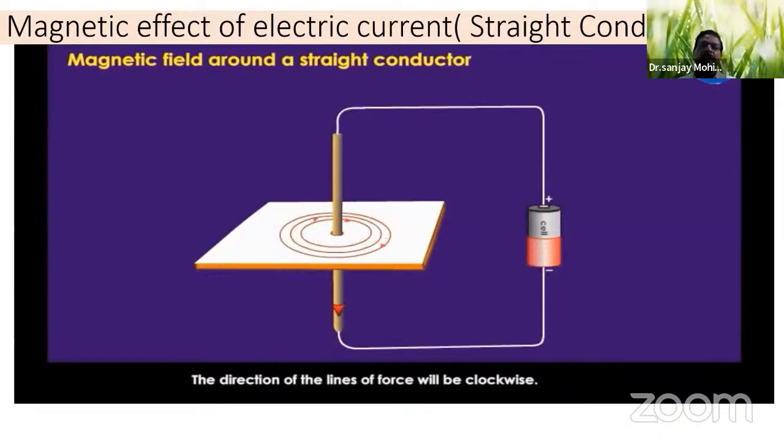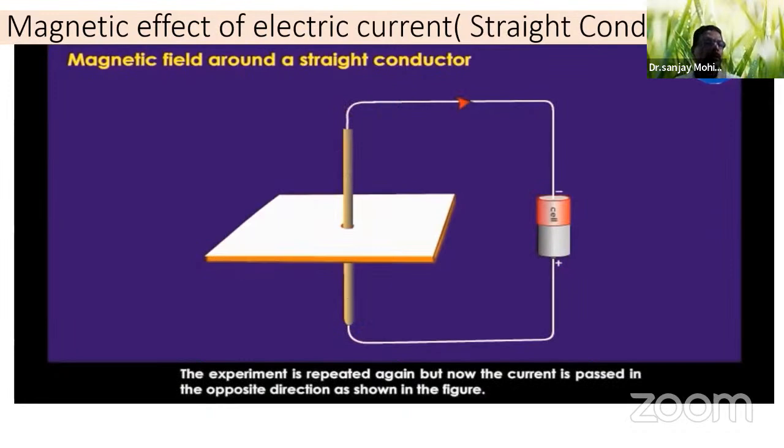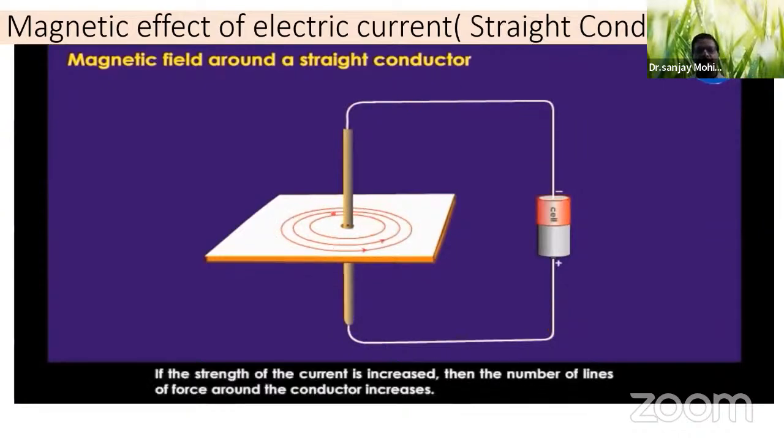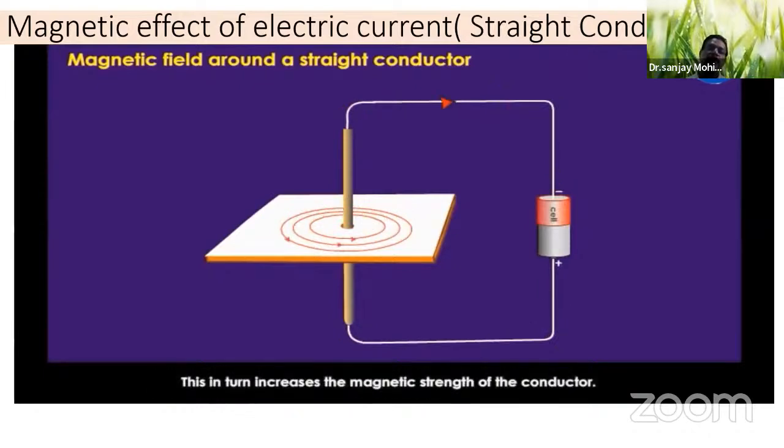You can see when the direction of the current is anti-clockwise, then the direction of the magnetic field is the reverse of that. It means the direction of the magnetic field and the direction of the current are totally opposite. And if you reverse the direction of the current, you observe that there is a reversal in the direction of the magnetic field also.